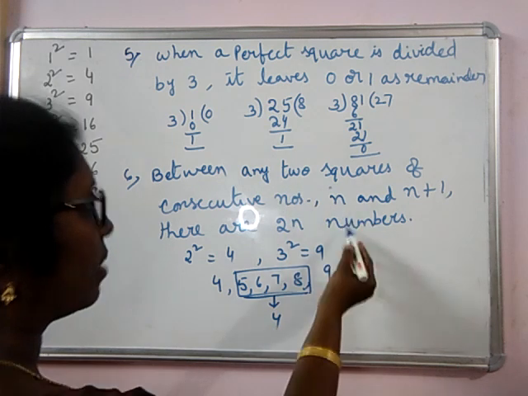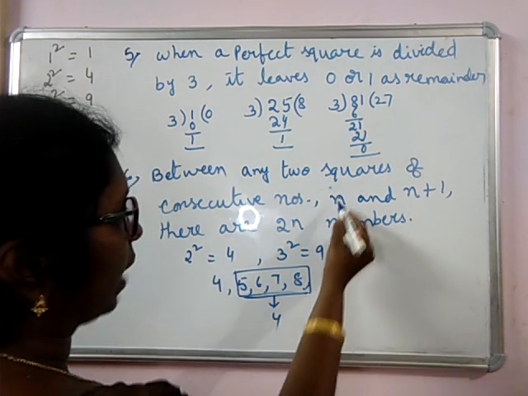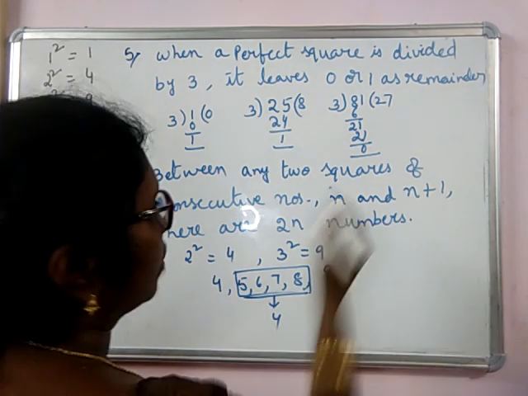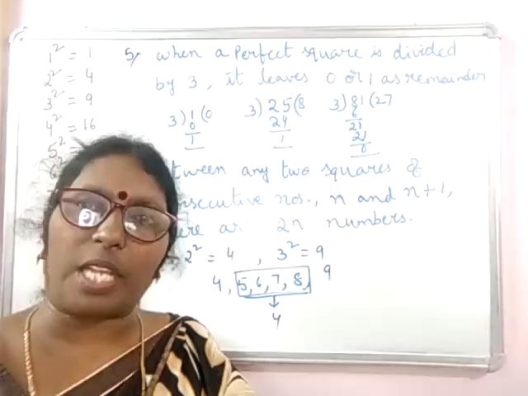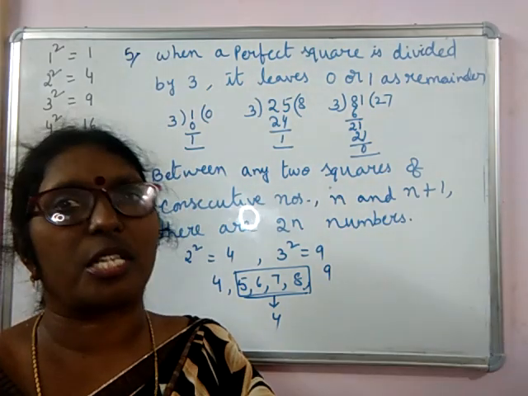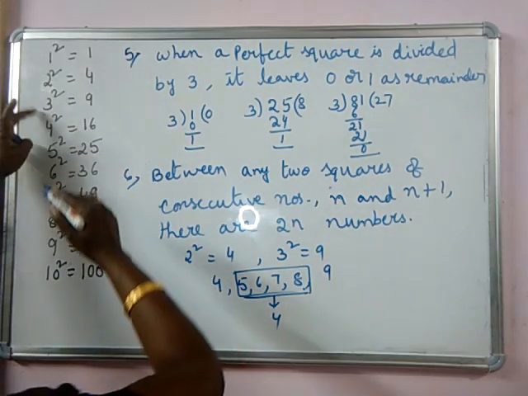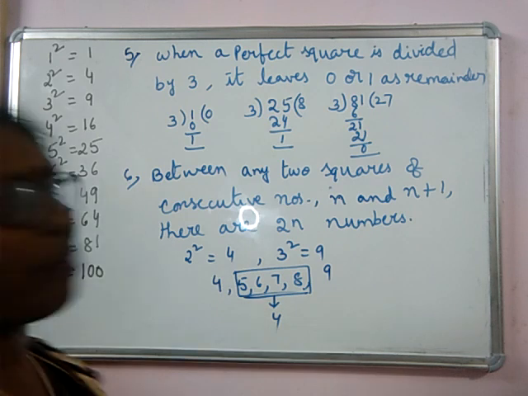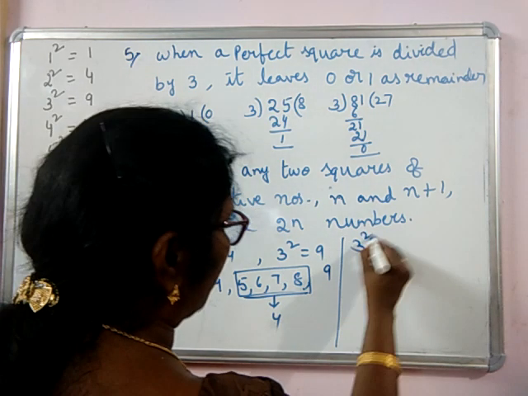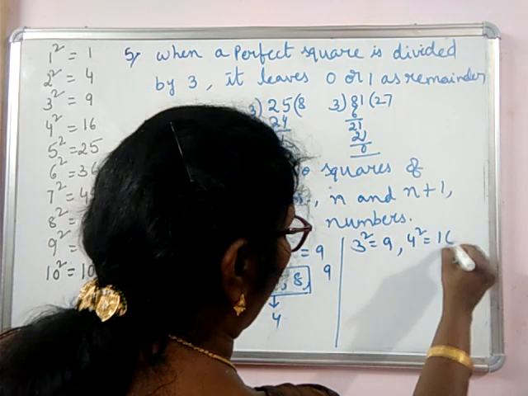That means 2n. Let us take n as 3. 3 square is 9. n plus 1 is 4. 4 square is 16.